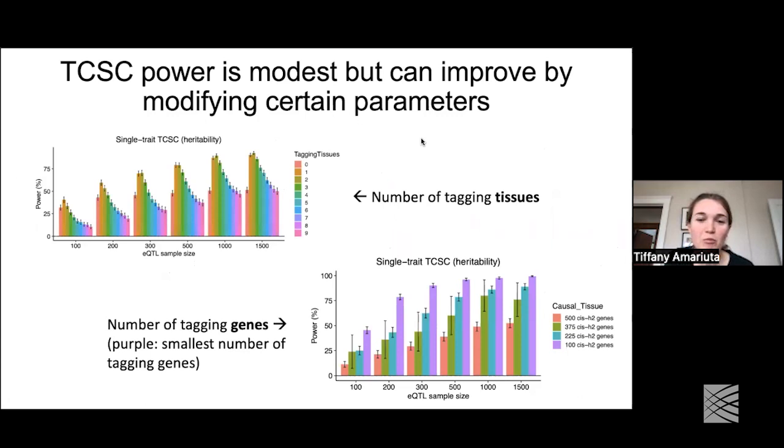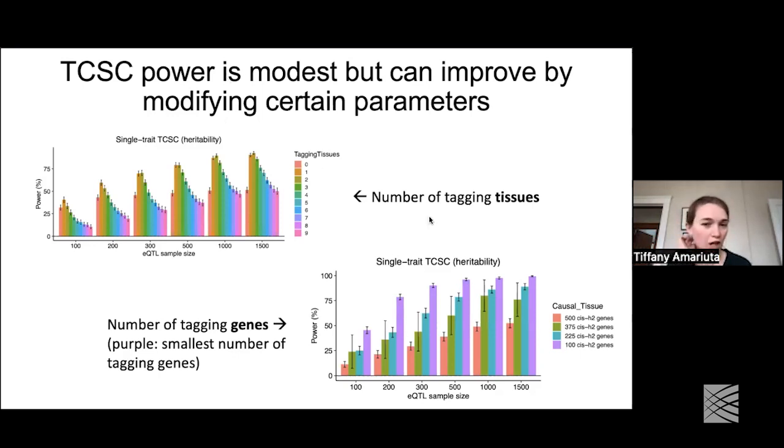So just giving more insight into simulations, talking about power specifically, even though the power of TCSC we demonstrated to be quite modest in primary simulations, there are indeed parameters that you can toggle that help you understand what would increase power in a real setting and what would decrease power.